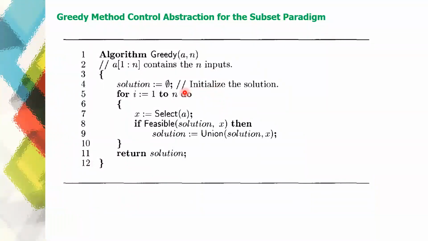Initially, the solution will be null. The solution will be empty. You are going to repeat the greedy method for n stages. Because the input problem size is n, repeat the greedy approach for n stages, n times. In each stage, you are going to select one input from the given problem.